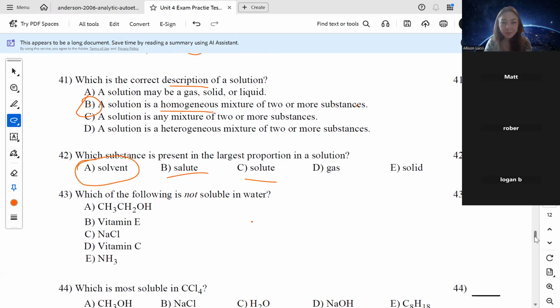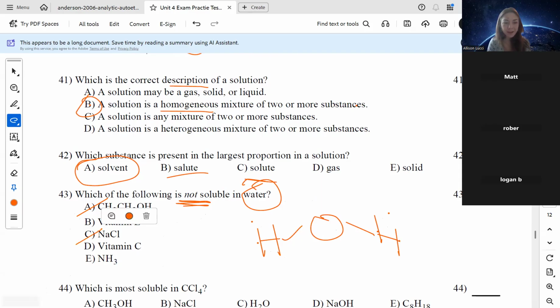Let's see, which is not soluble in water. All right, so we know that water is polar, right? H2O here. Okay, so I have my polar molecule, so I'm looking for something that's non-polar. This is an alcohol that's polar, that's ionic. Ammonia, that's definitely polar. So now I'm down to some vitamins. If you looked at worksheets, you would have seen these.